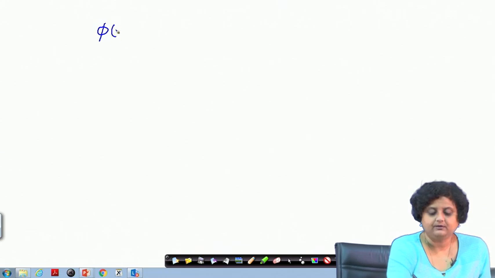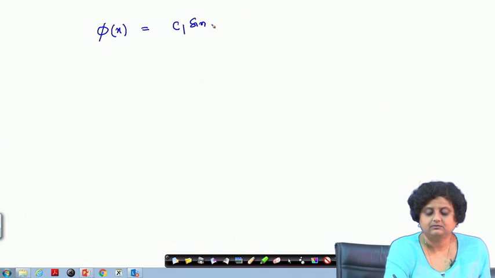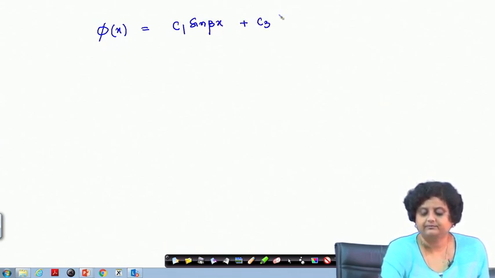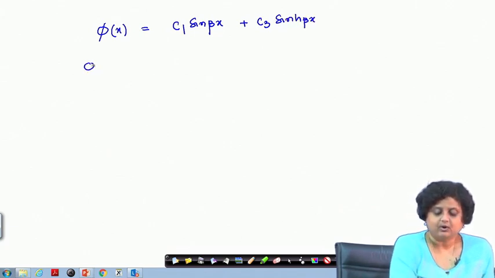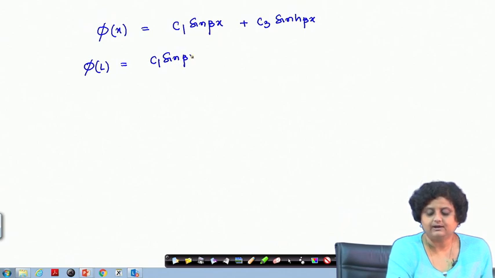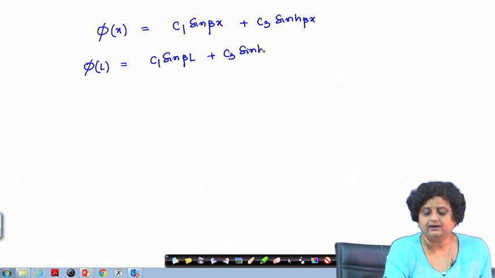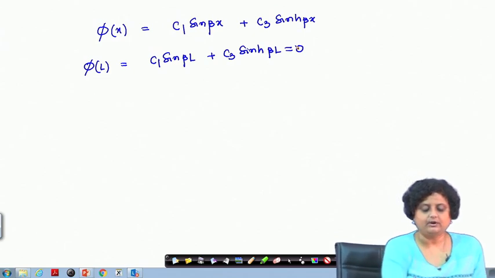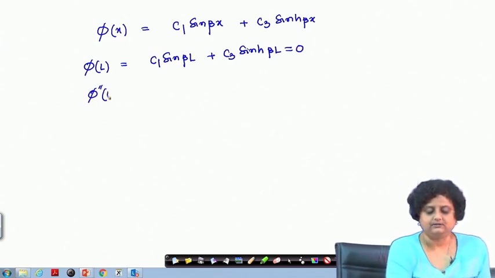I have, let me again write it down, I have this as C1 sin beta x plus C3 sinh beta x. Now, what is phi L? Phi L is C1 sin beta L plus C3 sinh beta L, and that is equal to 0. What is phi double dash L?